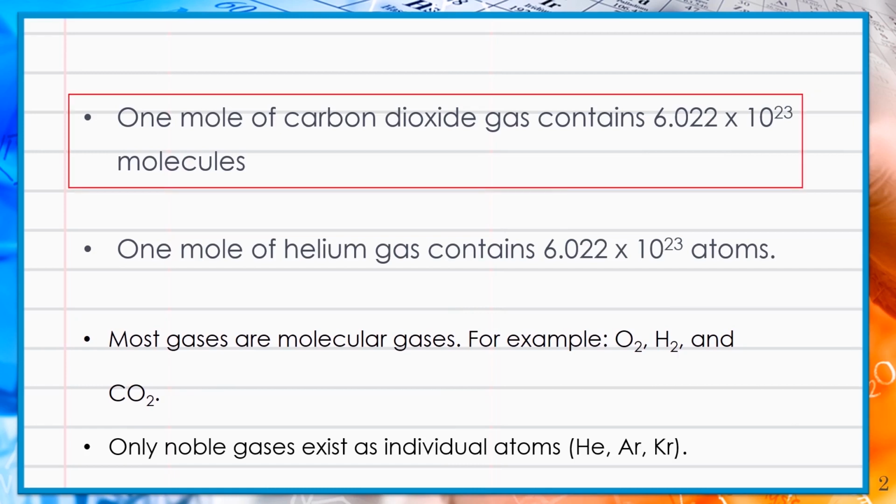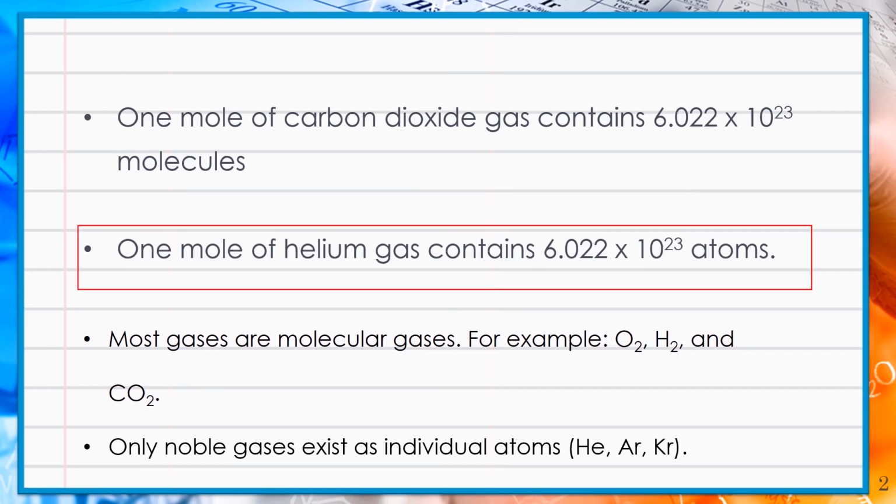Therefore, the correct statement is that 1 mole of carbon dioxide gas contains 6.022 × 10^23 molecules, and 1 mole of helium gas contains 6.022 × 10^23 atoms.